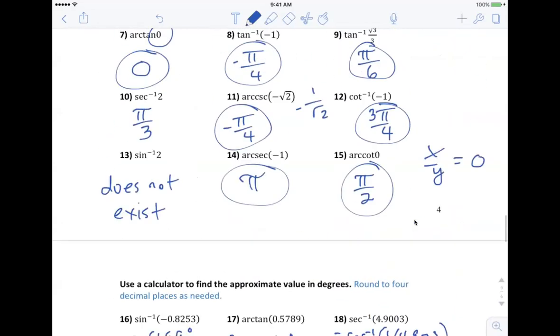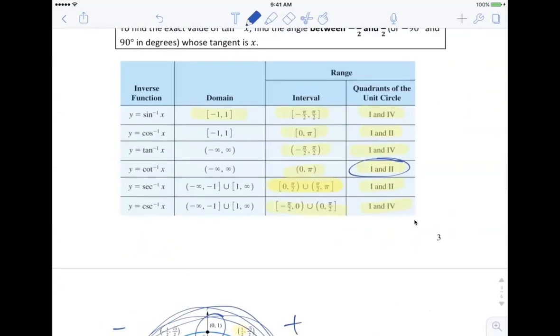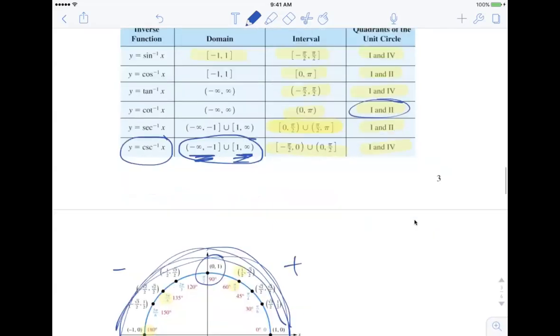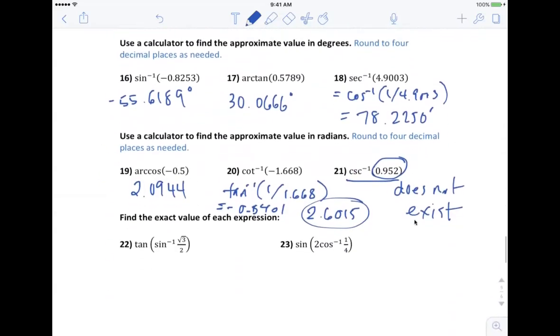If I go back to my little handy table up here, cosecant inverse is right there. Here's your domain. Values that you input into that function have to be greater than 1 or less than -1. So not between -1 and 1, which we have a value here, right? So that's why it doesn't exist. That value is not in the domain of the function. Okay, so it does not exist.